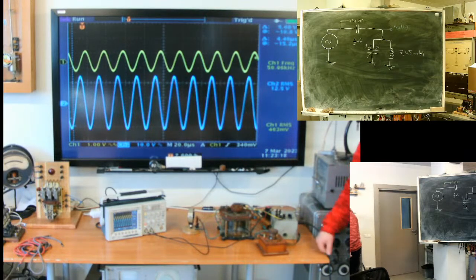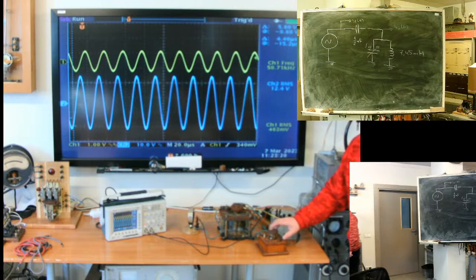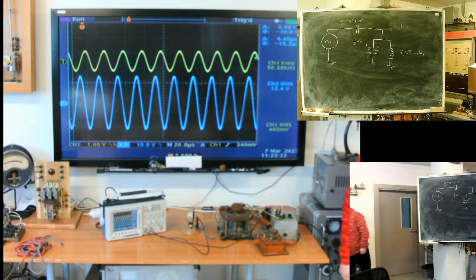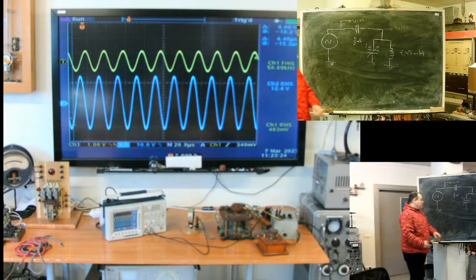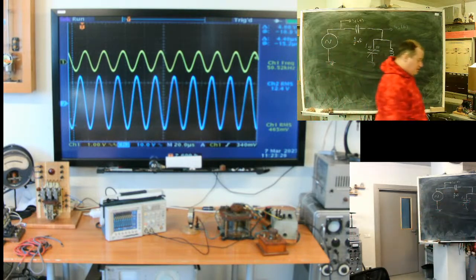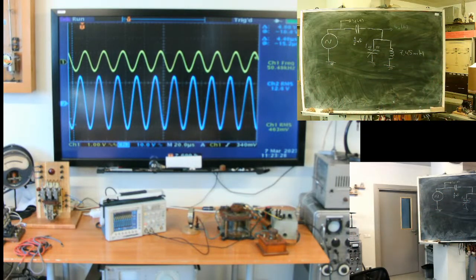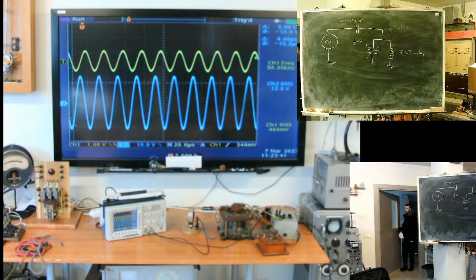So to isolate the circuit, I use this interim or sequence capacitor. Magic happens here. Maybe something familiar. Something like this should be present in the basics of electric circuits.